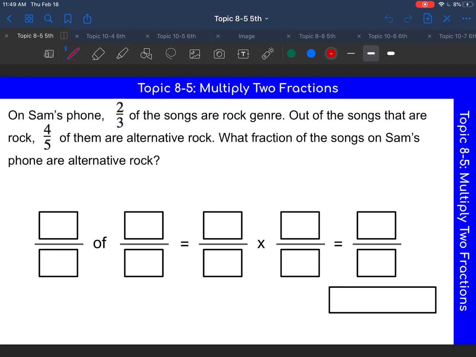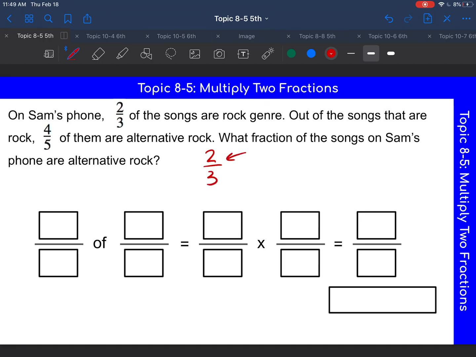It says, on Sam's phone, 2/3 of the songs are rock genre. Out of the songs that are rock, 4/5 of them are alternative rock. What fraction of the songs on Sam's phone are alternative rock? So 2/3 are rock.